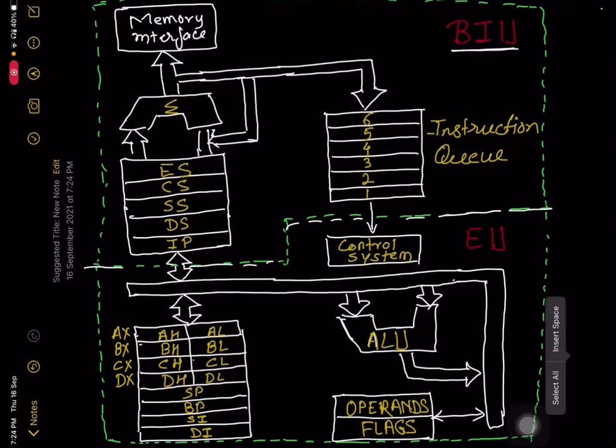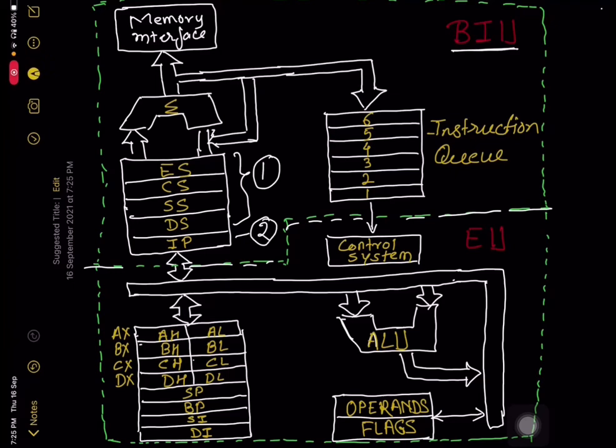Now in the figure you can see that the bus interface unit mainly has this portion which I define as number 1, segment registers; another portion, IP, that is the instruction pointer; third portion, the instruction queue, that is these 6 registers which you can see here; and the fourth portion is the memory interface, which is the summation unit.